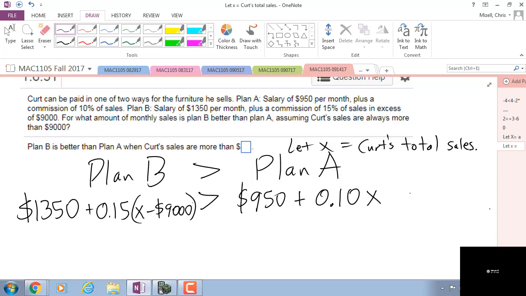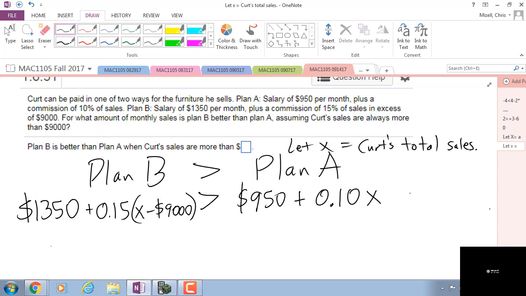So if he has $10,000 in sales, that would be $1,000 that gets multiplied by the 0.15. That would be $150 that gets added to the 1350. So $1,500 if he happens to sell $10,000, for example, in a given month. So I think that's the right expression. Take away $9,000 from the total sales, and you get the sales that are actually in excess of $9,000.